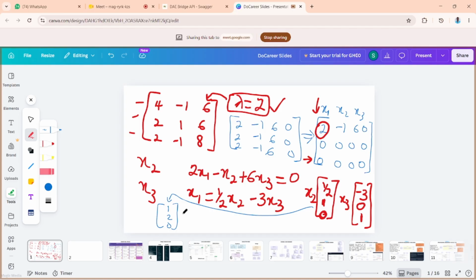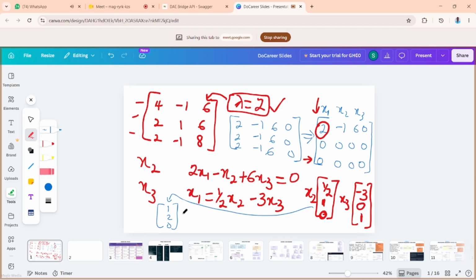So these are the eigenvectors: 1 2 0 and negative 3 0 1 are the eigenvectors for the eigenvalue of 2. If you pick a different eigenvalue like 3, we have to go through this whole procedure again. We might find out that 3 is not even an eigenvalue, or that it is.